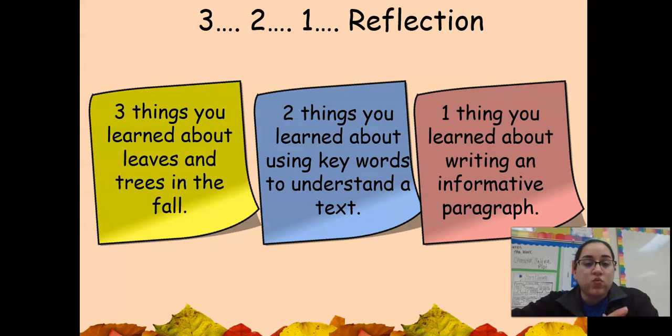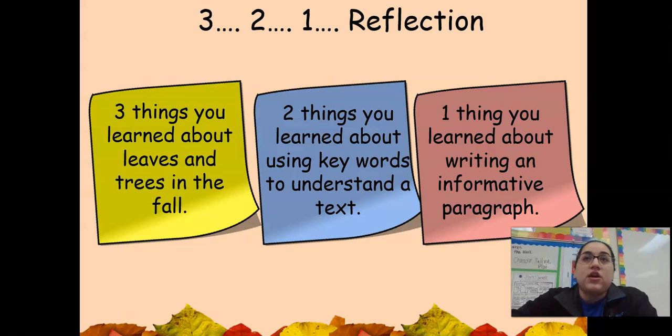So here is what I am going to tell you, or I'm going to model it for you. 3 things I learned about leaves and trees in fall is that leaves stop producing food for the trees. The trees rest, they start getting ready for their winter rest, and that leaves change color, right? 2 things I learned about using key terms is that I understood how important the chlorophyll was for the leaf.